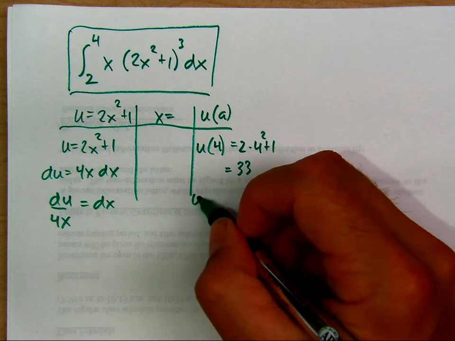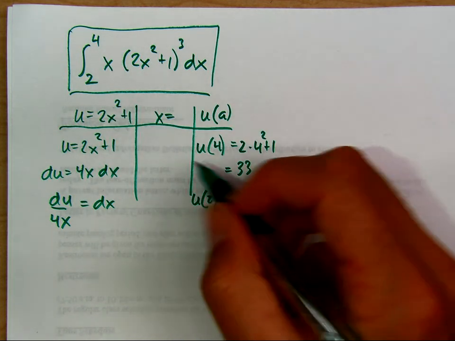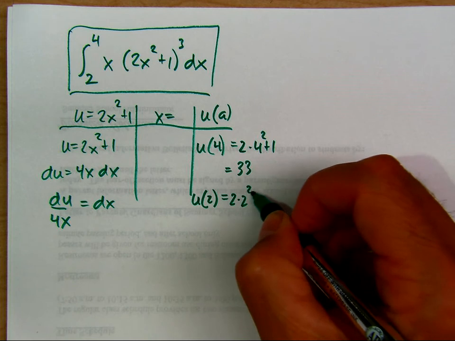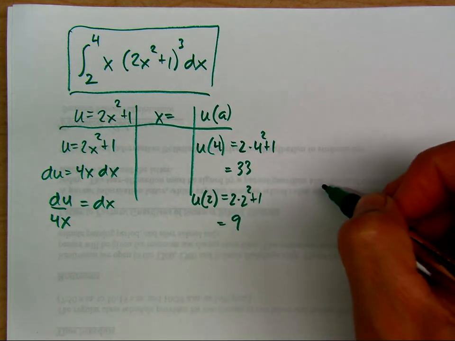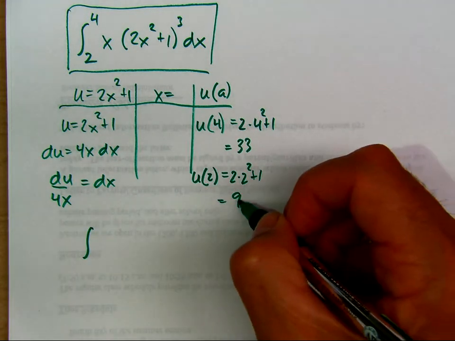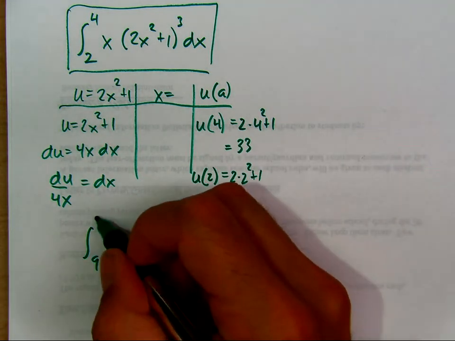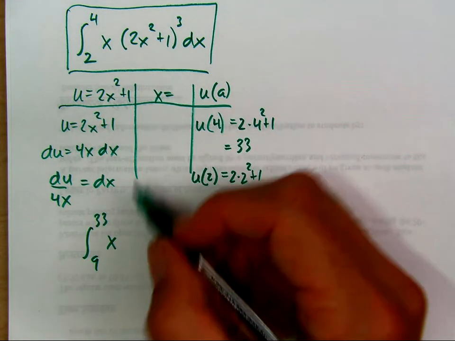And then we have u evaluated at 2 is 2 times 2 squared plus 1, 9. When we substitute, now we have 9 to 33. We want u values. Substitute.